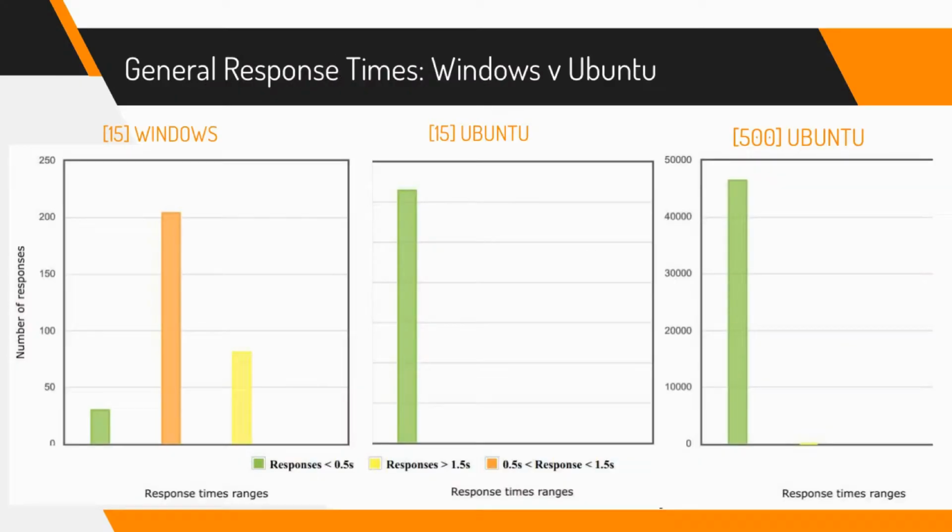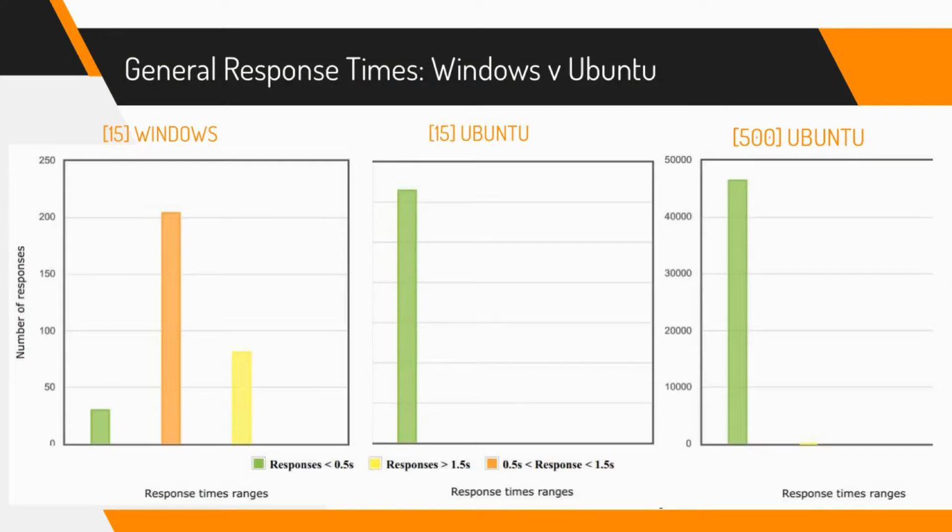Now, this is basically a highlight of some of the findings that we have found. The image to your right, well, to my right, is the results from the Windows server. The other two are the Ubuntu servers with different concurrent users. So remember the 15 users and the 500 users.